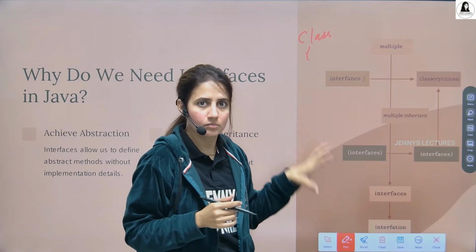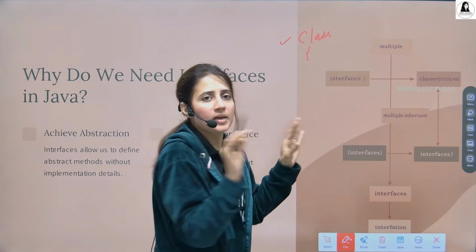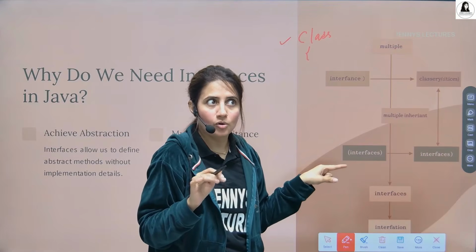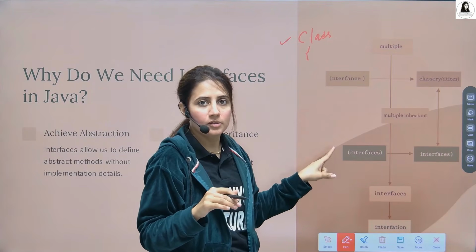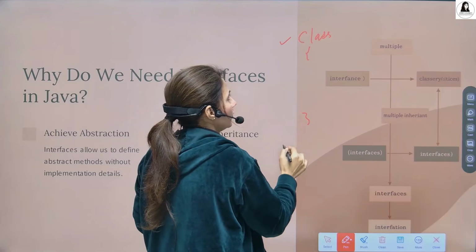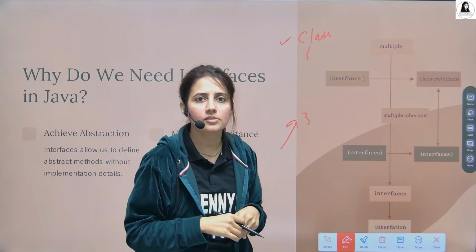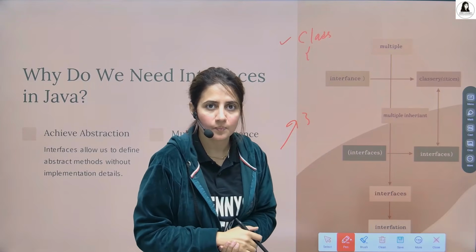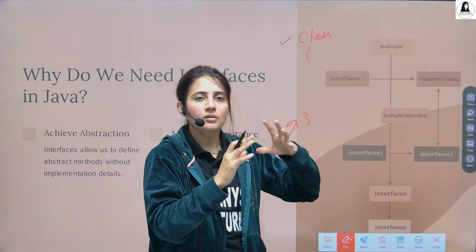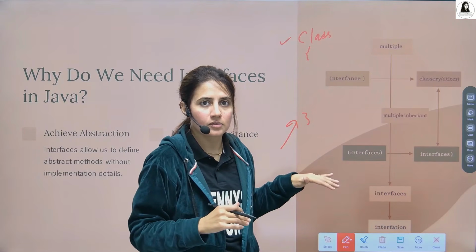A simple class can have only concrete methods, not abstract methods. Whatever class inherits this class automatically inherits all the things in this class. So basically it is defining a common protocol for all the subclasses.